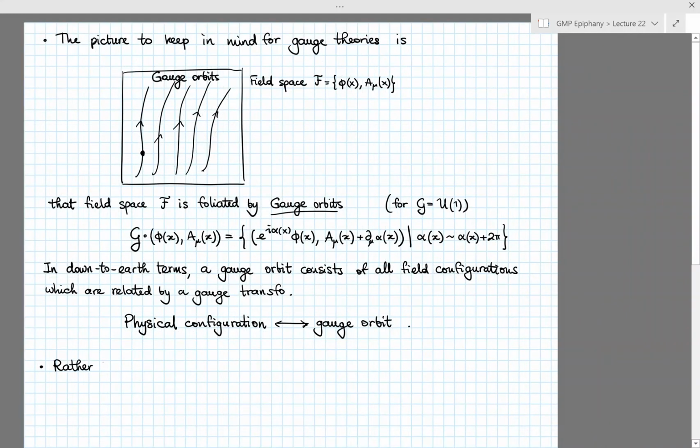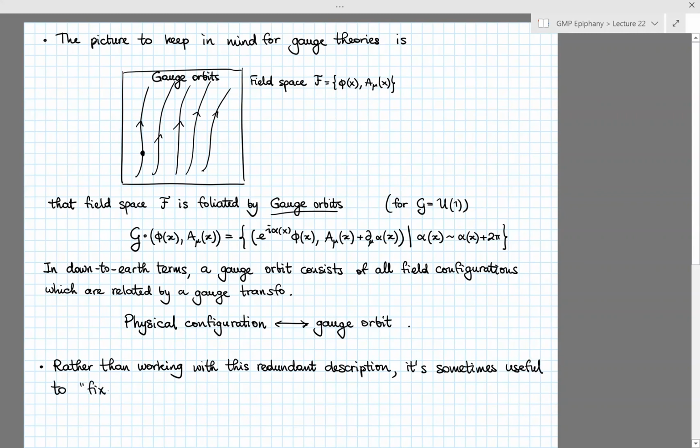Rather than working with this redundant description of field space, sometimes it's useful to fix a gauge, or sometimes I'll say pick a gauge.